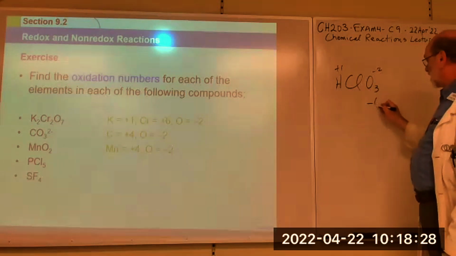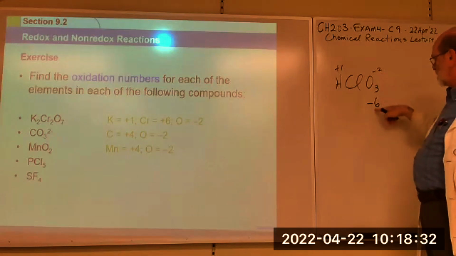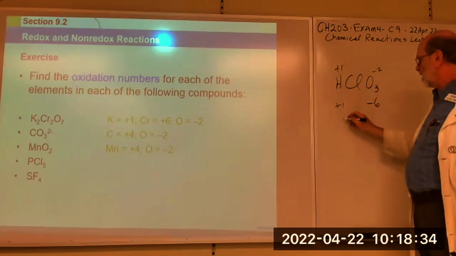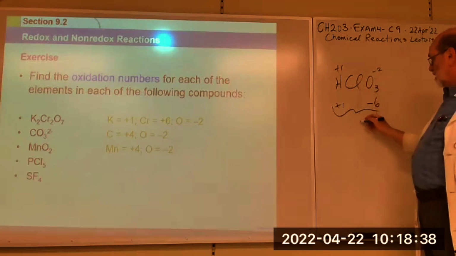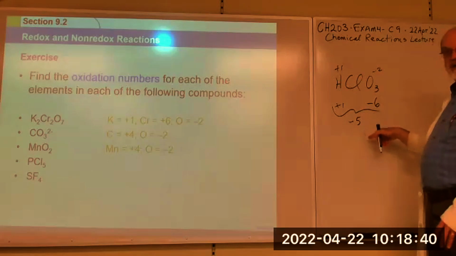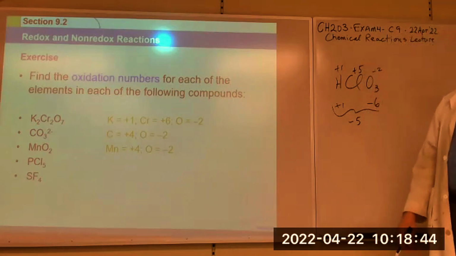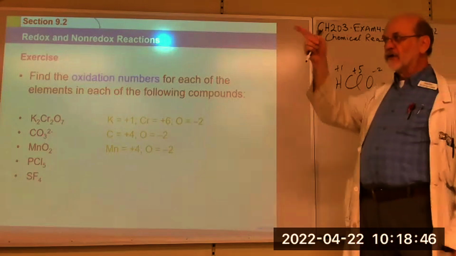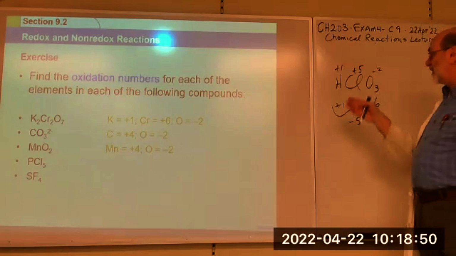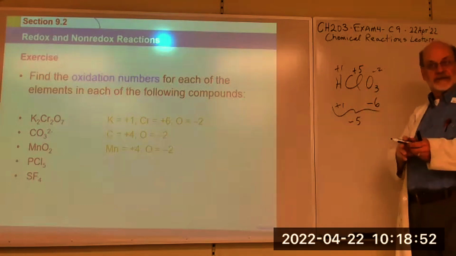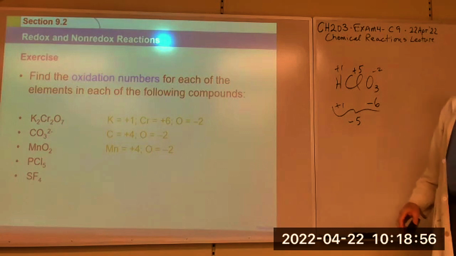So this one would be what, -6 total? 3 times -2 is -6. This would be +1. So put them together and it's supposed to be neutral. So you need to balance -5. So this would be +5. And if you look in your periodic table, +5 should be a possibility for chlorine. And that's not a charge, that's an oxidation number.